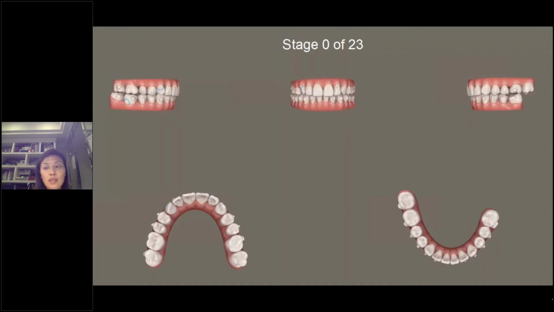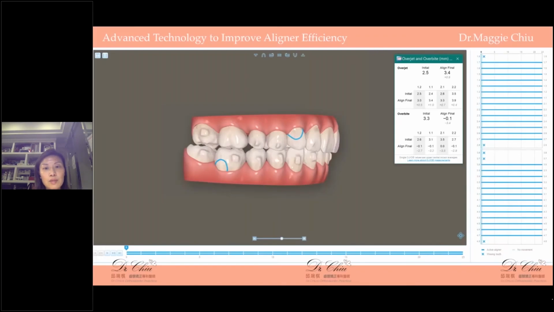For the last 23 aligners, we used the 5-day protocol together with the device. We did more intrusion in the upper anterior region to help treat her class 2 and to reduce her anterior overjet. After the second set of aligners, we were able to decrease the overjet from 7.8 to 2.5.